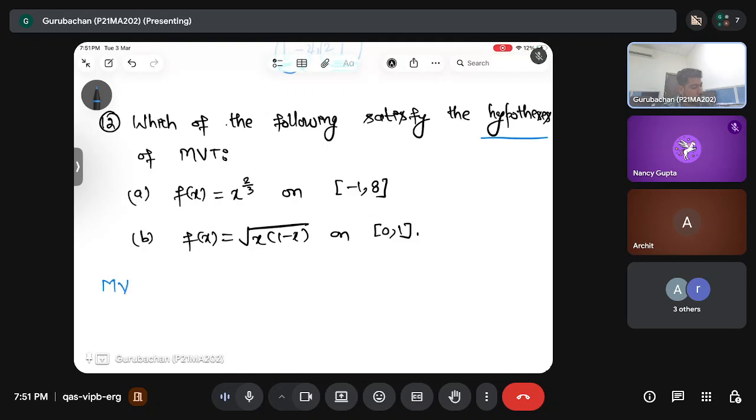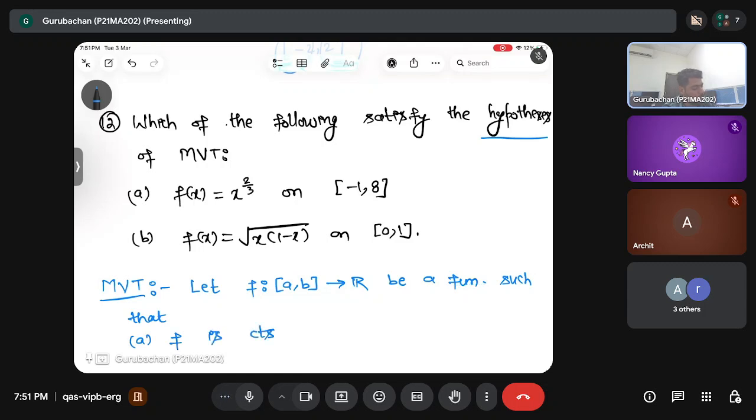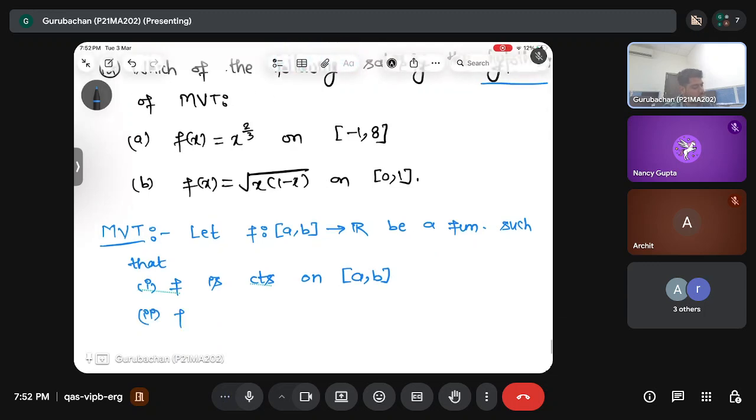So mean value theorem is like this. Let f be a function such that f is continuous on closed interval [a, b], on whole domain. f is differentiable on open interval (a, b).